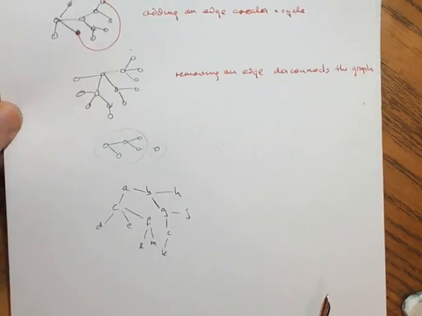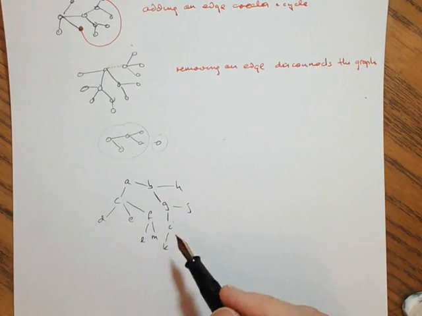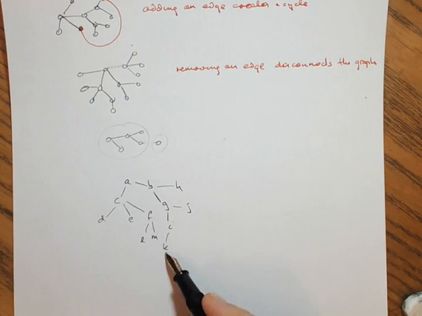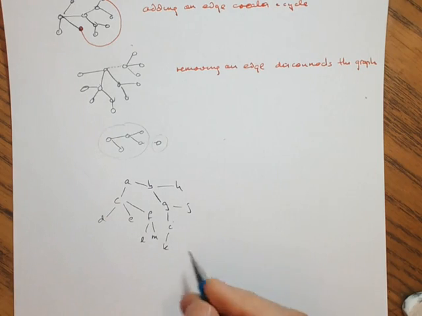If I choose any two vertices, let's say K and C, there's K and C, you'll see that there's exactly one path that gets you from K to C. So K to I to G to B to A to C. And there's no other way.